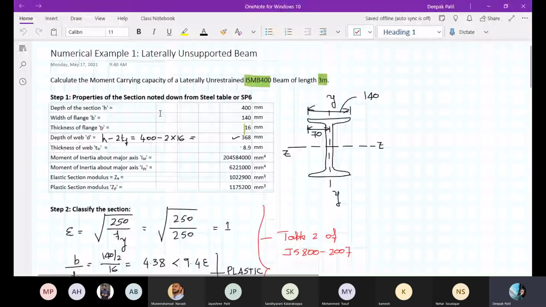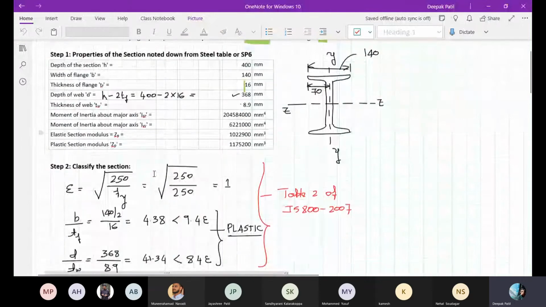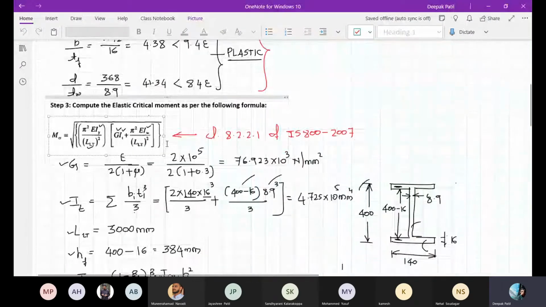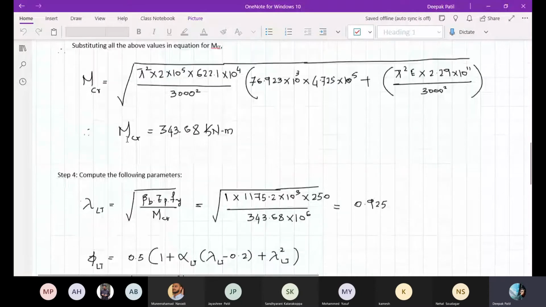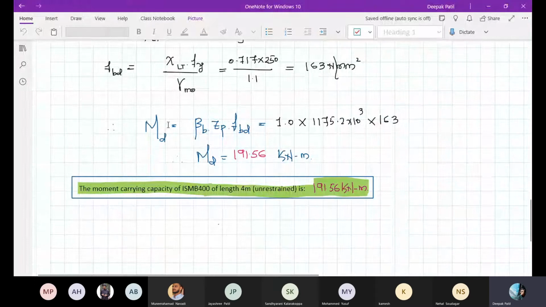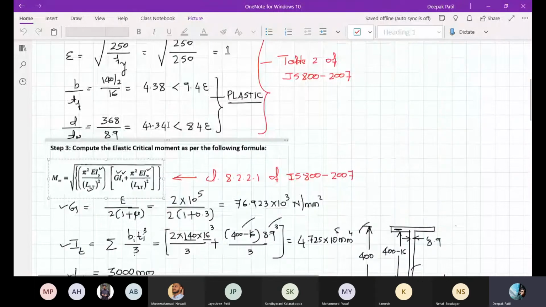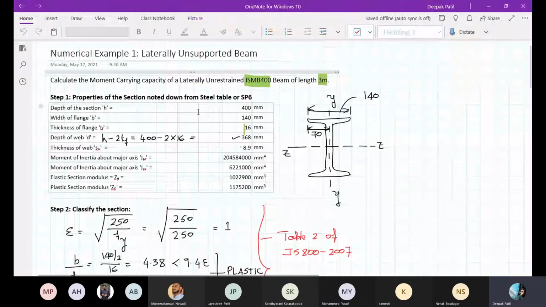A section is given to you, so you have to note down all the properties and calculate a few of the parameters, and this is the main equation wherein we will be calculating the elastic critical moment. Once we find that, we have to find some parameters, and based on that I can find the design moment capacity of that section, that is ISMB 400, for an unsupported length of 3 meters. This procedure is valid only if the beam is laterally unrestrained.